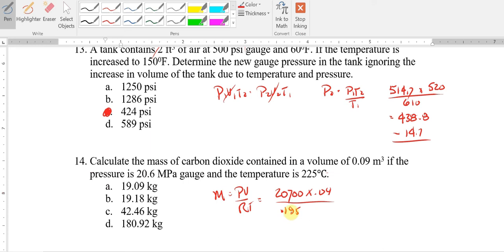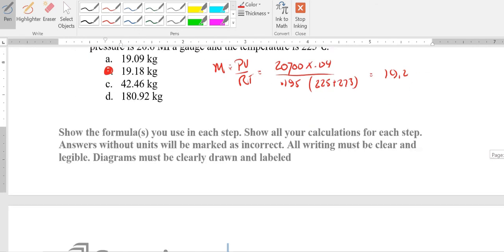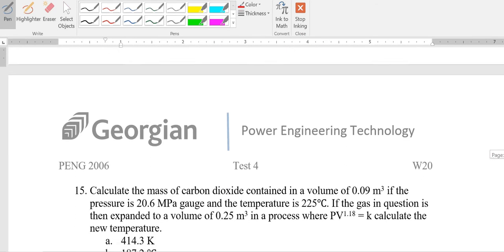We get R from C sub P minus C sub V in the academic supplement for carbon dioxide, and my temperature is 225 plus 273, and that whole thing comes out to 19.2. If you got 19.09, I'm assuming you did not add the 100 to the 20,700. Okay.